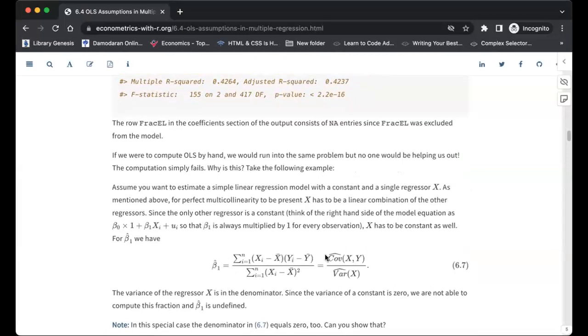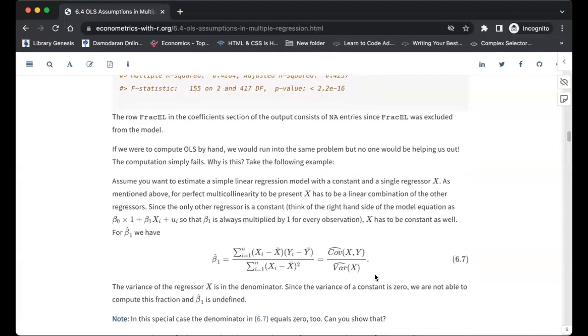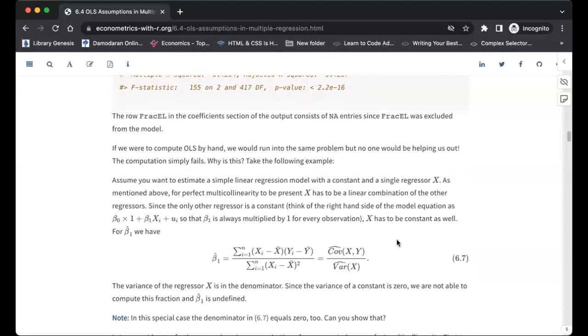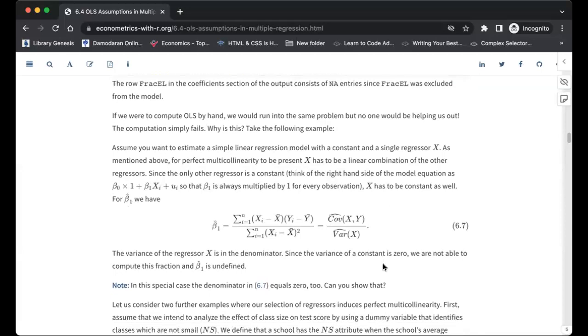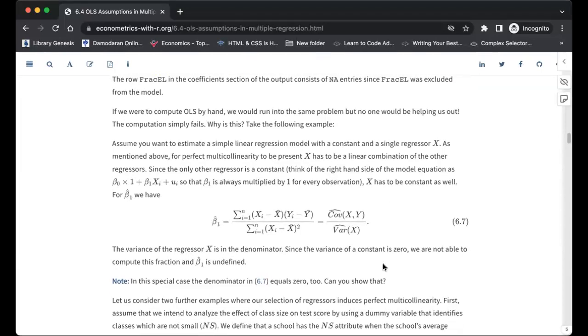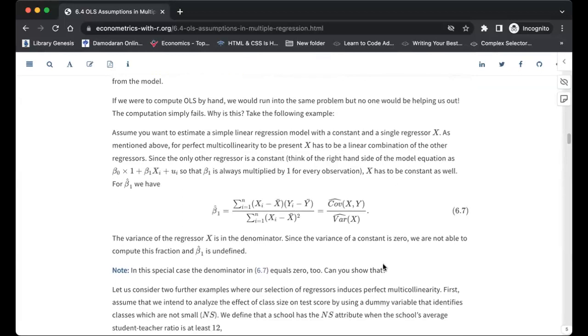It's the covariance between x and y divided by the variance, and in this case the variance of the fraction of students learning English will be like a constant. The variance of a constant is 0, so division by 0 is not allowed. In this case it will be undefined if we were to do it manually as well.